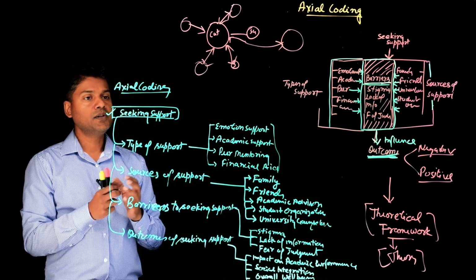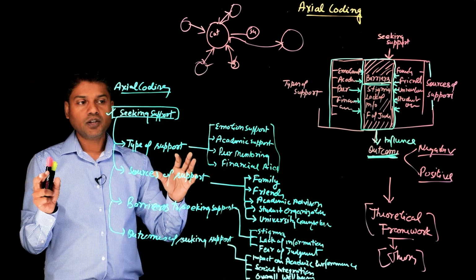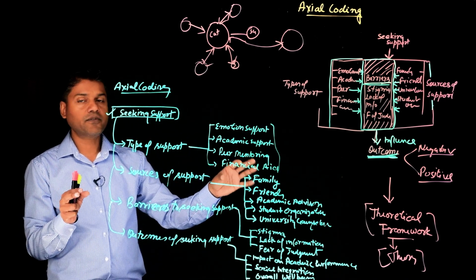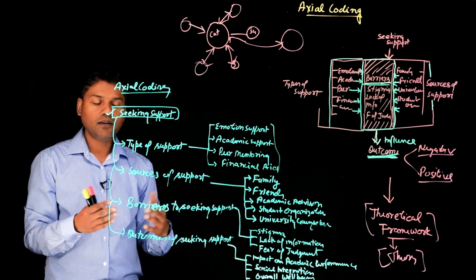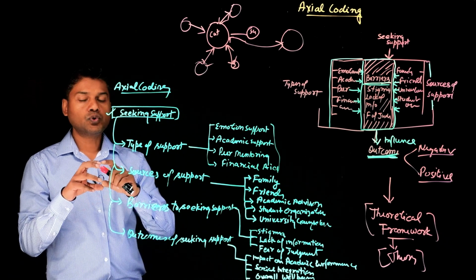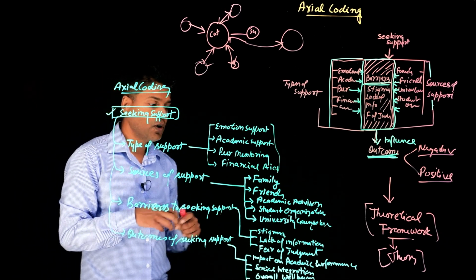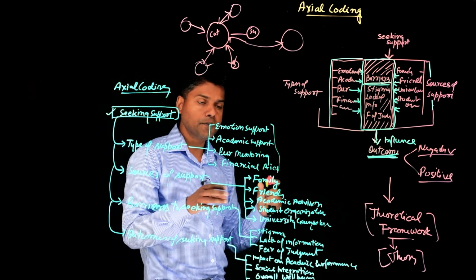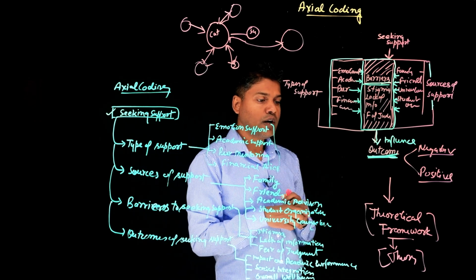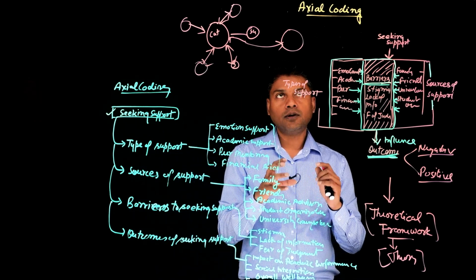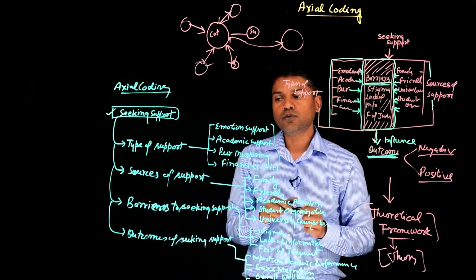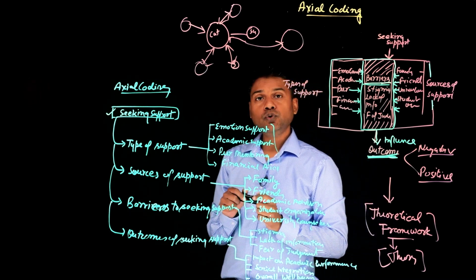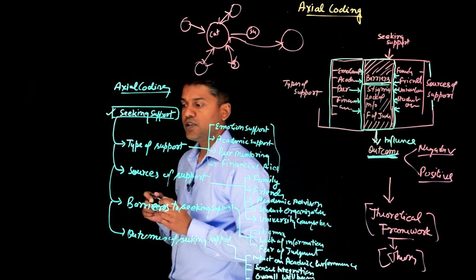And by understanding the relationships, you can develop a theoretical framework that can explain the overall social process, the overall phenomenon that you are studying. So that's why axial coding is a powerful tool to use in qualitative research.